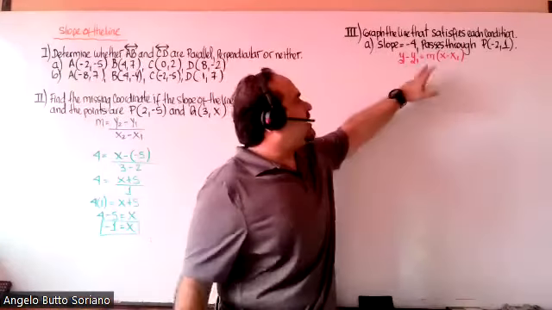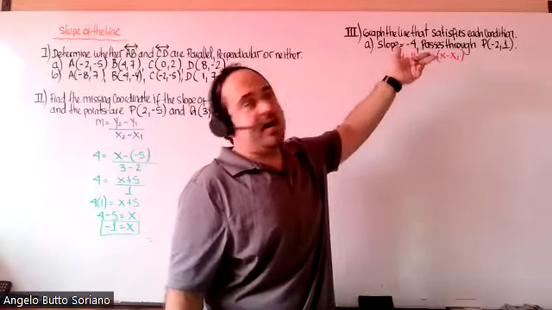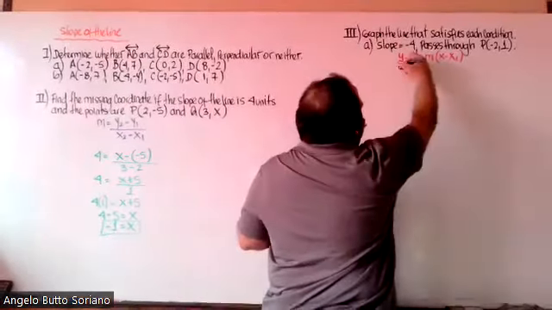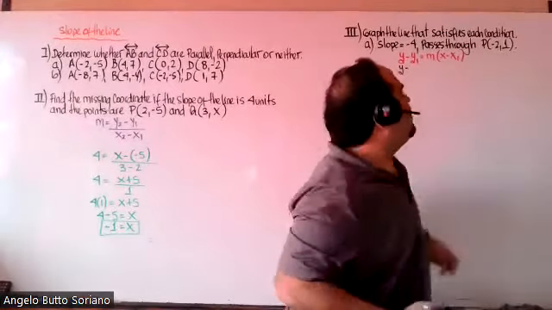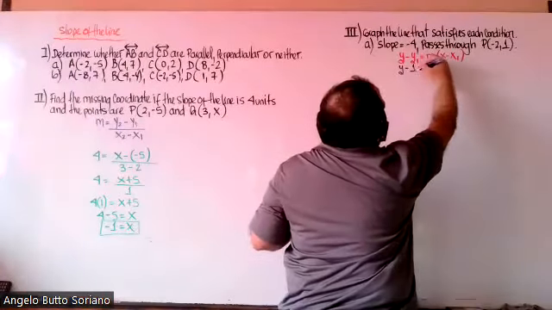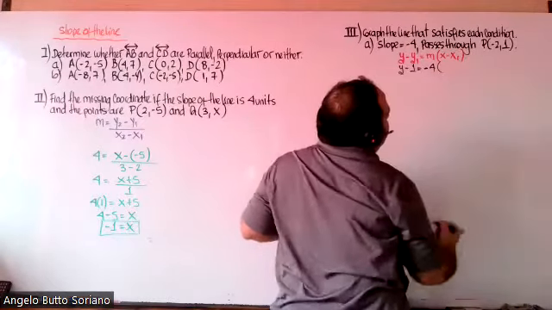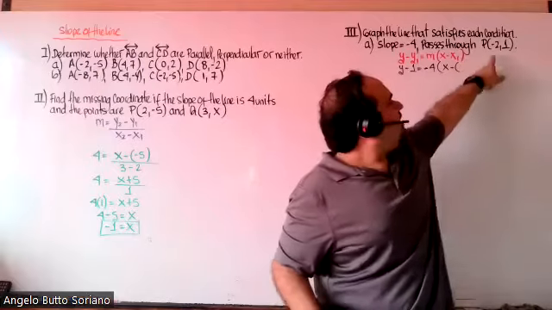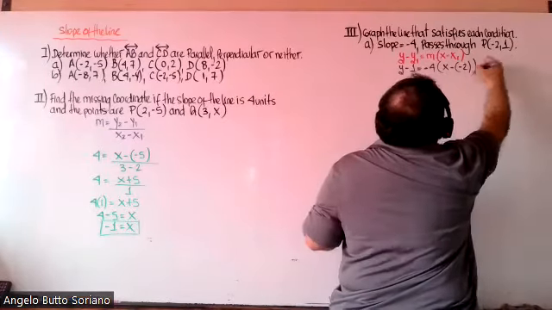Well, y and x will be the same. Remember, we're going to replace x1, y1, and the value of m. So y minus, what is the value of y1? That will be 1 unit, equals the slope -4 units, times x minus x1, which has a value of -2 units.